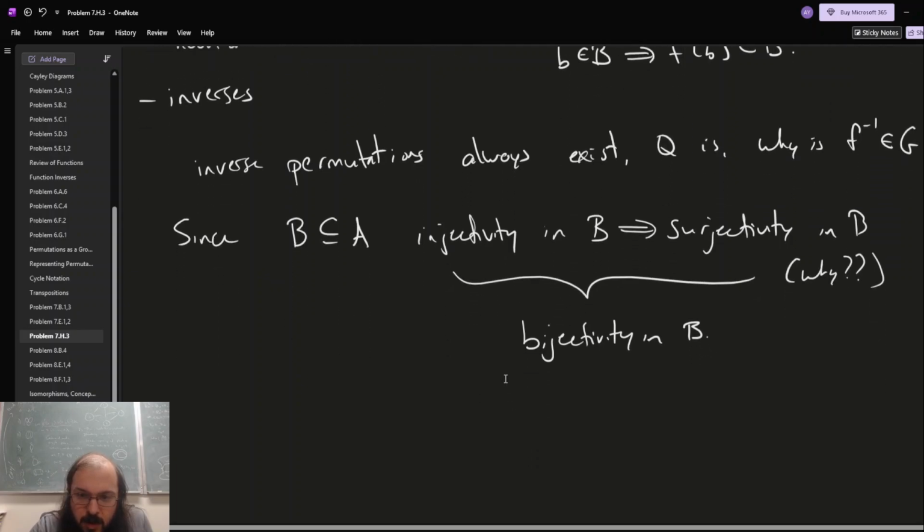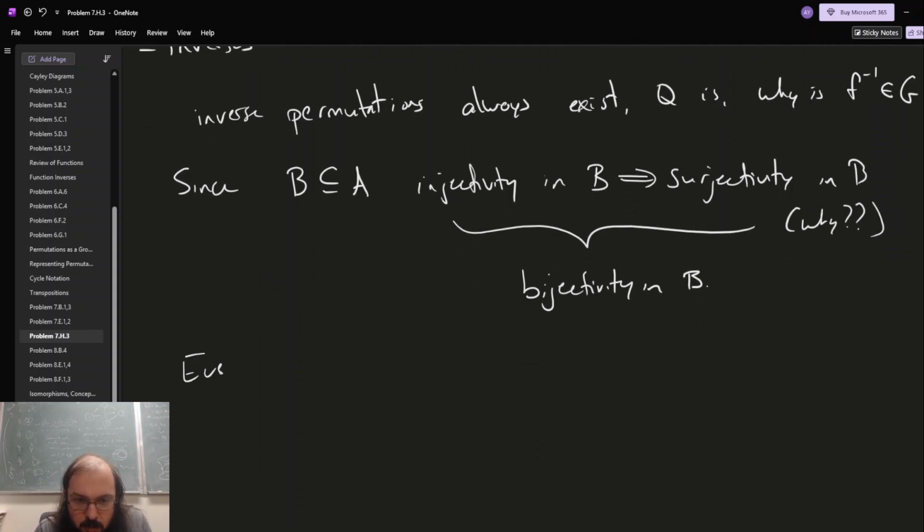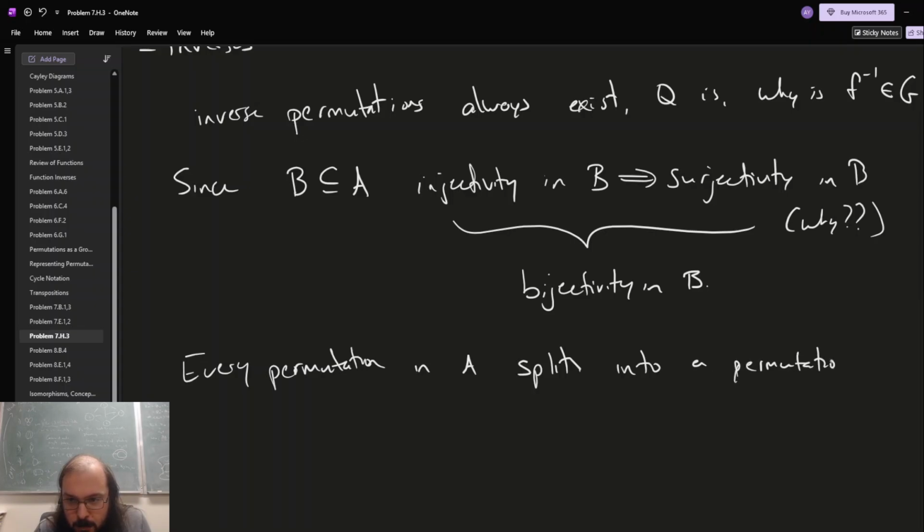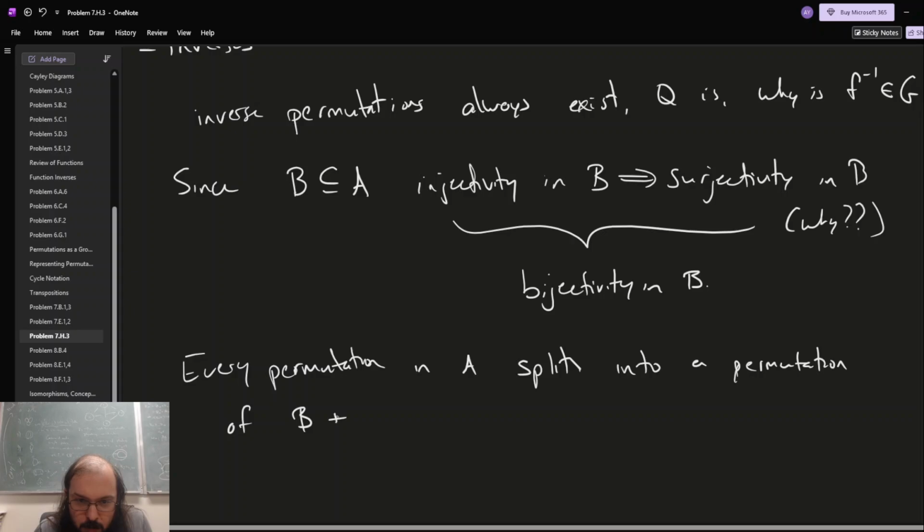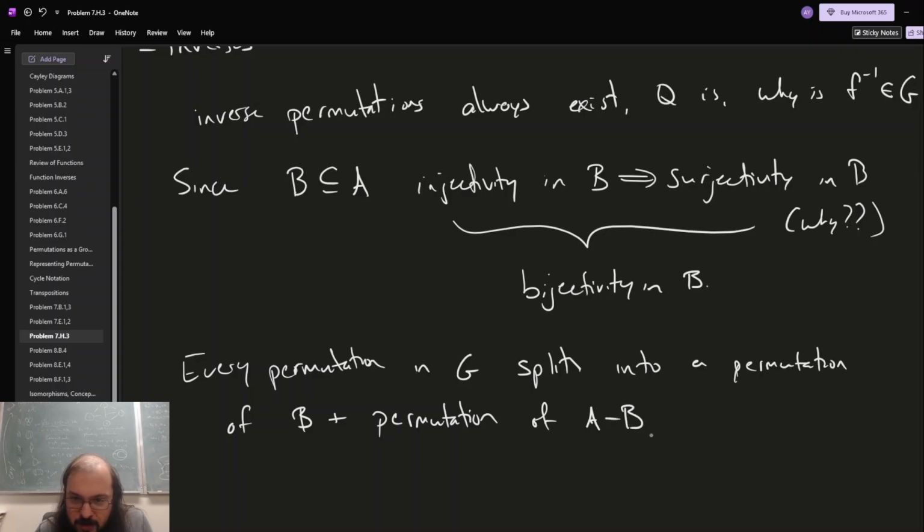And so, in other words, every permutation in A splits into a permutation of B and a permutation of the rest.